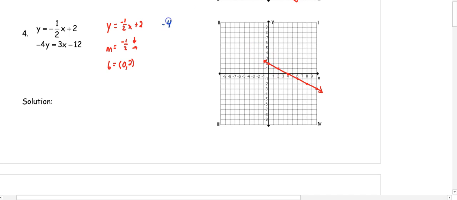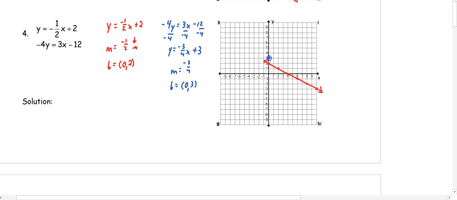The second equation is not in y equals form, so in order to get it into y equals, the first thing we have to do is divide everything by -4. So we get y equals -3/4 x plus 3. In this case, my slope is -3/4, and my b value is 0, 3.